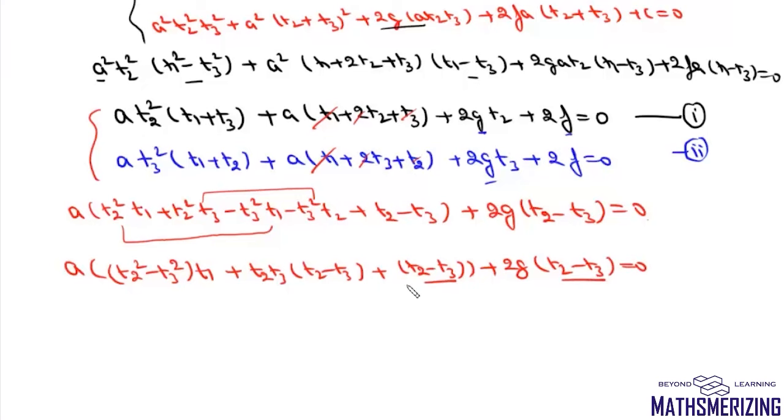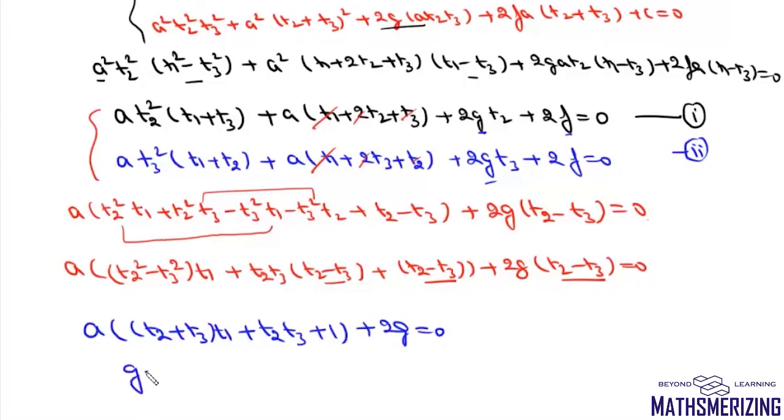Now here we can take (t2 minus t3) common, then we can write this result as a ((t2 plus t3) t1 plus t2 t3 plus 1) and then plus 2g equals to 0.